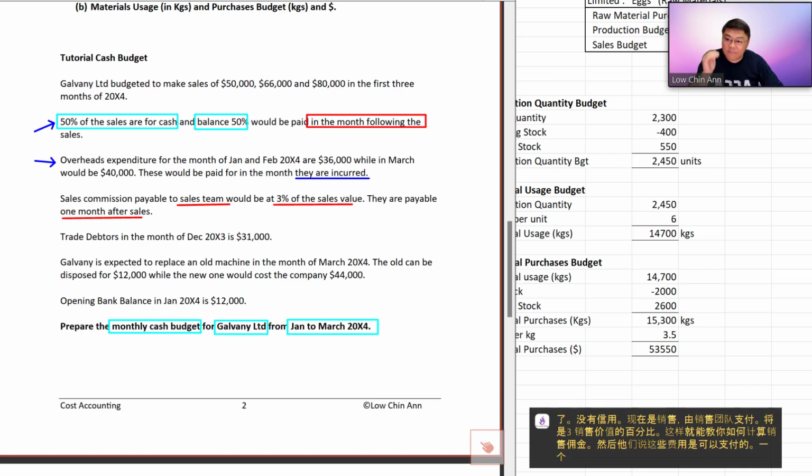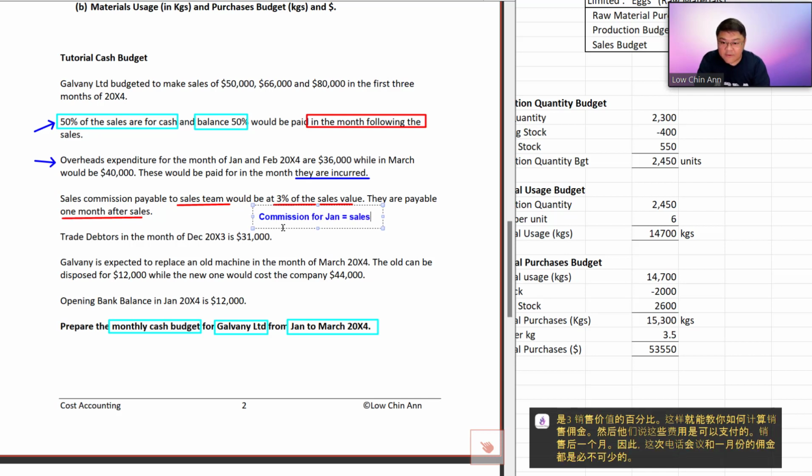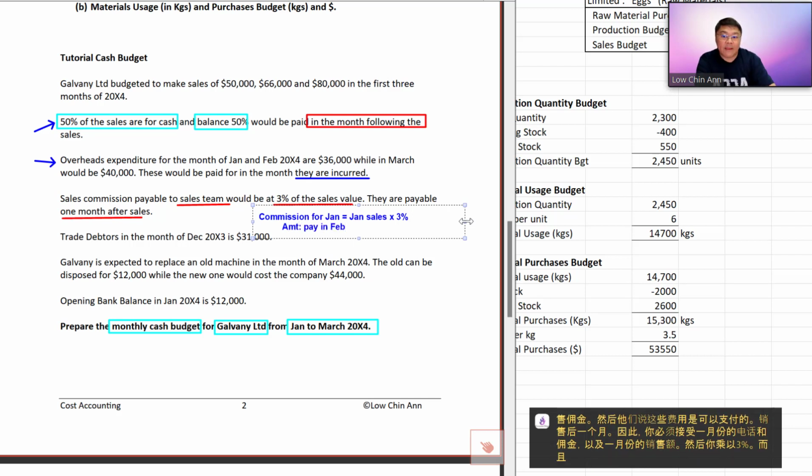So for the commission for January, you must take the January sales, multiply by 3%, and the amount you will only pay in February, because it's 1 month after sales.